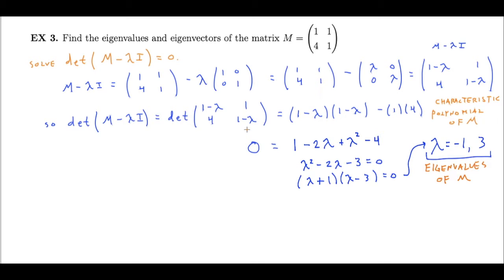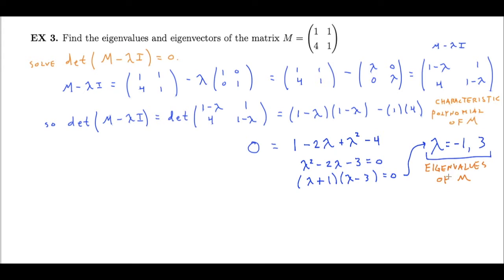You can imagine a 3 by 3 matrix, which would have 3 entries along the diagonal, each with a lambda in it, and that would yield a cubic characteristic polynomial. As such, the number of eigenvalues will always be equal to or less than the number of entries on the diagonal, which is the degree of the characteristic polynomial.